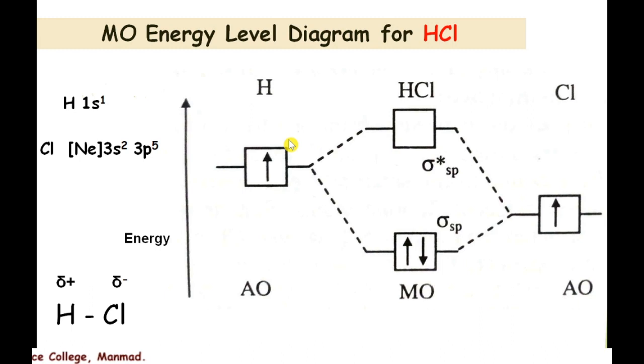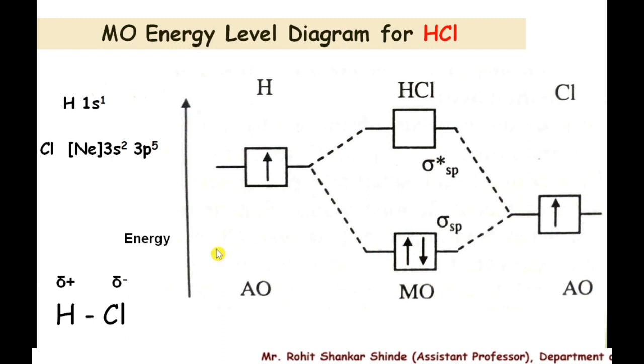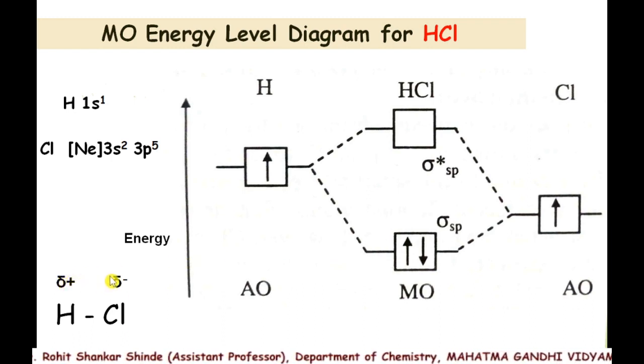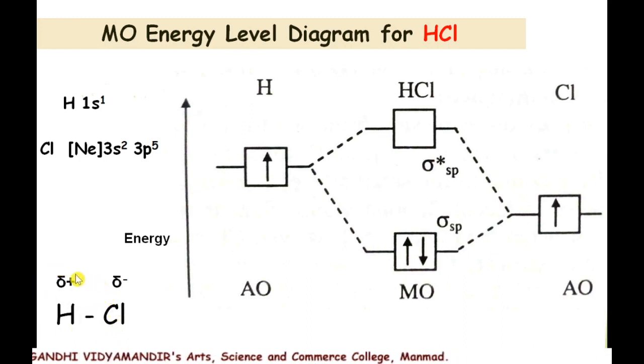That is, the electrons in the molecular orbital spend more time around one atom than the other. This causes separation delta plus and delta minus. The atom develops a dipole, and hence the covalent bond in the HCl molecule has a partial ionic character.